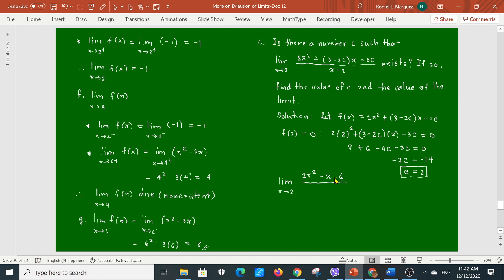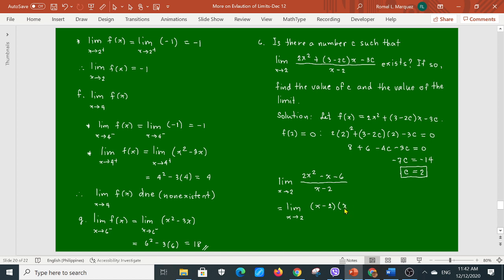And it is expected to be factorable into x minus 2 times another factor, no? So factoring the numerator, of course we expect that one of the factors is x minus 2. That's the reason we solve for c, so that we'll be able to come up with x minus 2 as one of the factors of the numerator.